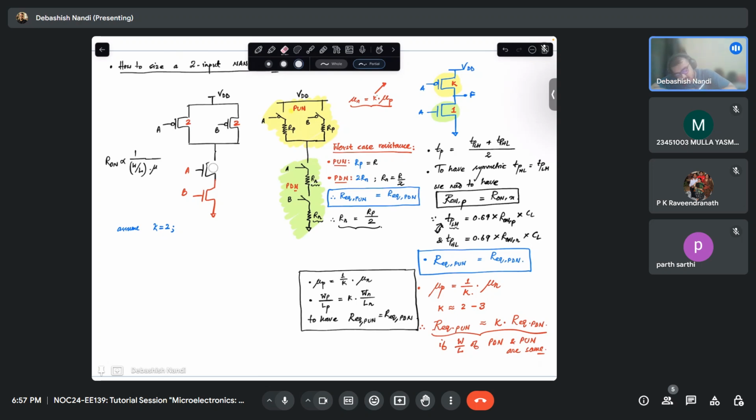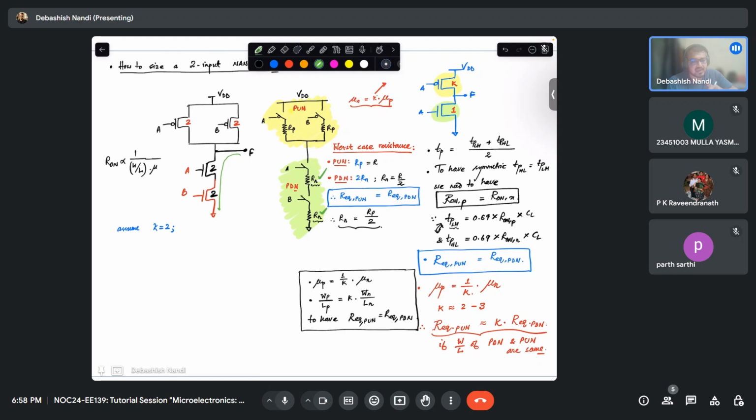Thus I need to make the size twice, because the signal in the discharge path has to travel through the entire set of resistances, this resistance also and this resistance also. In the worst case scenario, or rather the only case in which it will conduct, when both are on, then only it will conduct for this two input NAND gate.